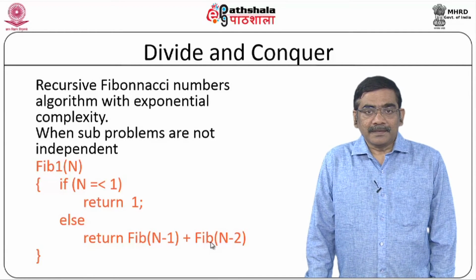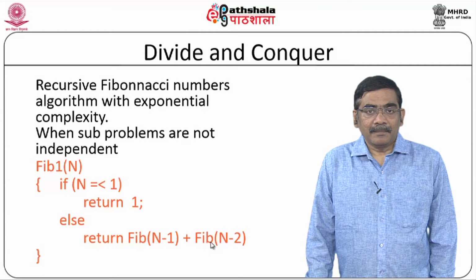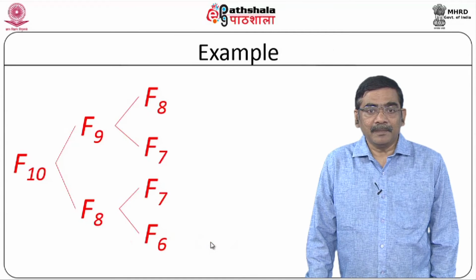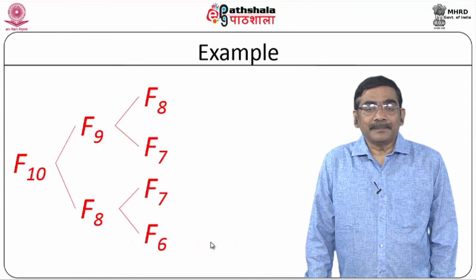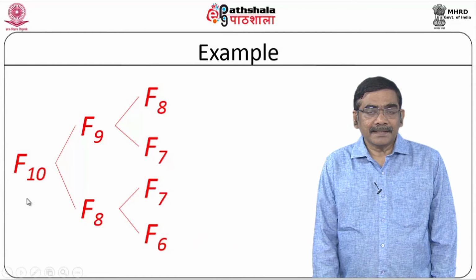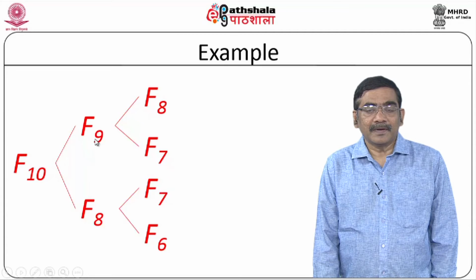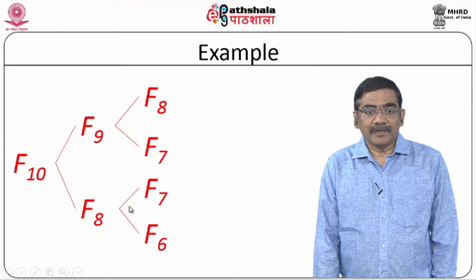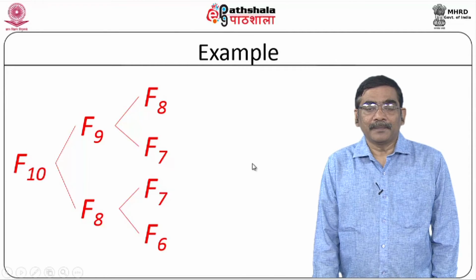This approach seems very simple, but in reality it has a fundamental problem, because for finding the Fibonacci of 10, which is the sum of Fibonacci of 9 and 8, and again Fibonacci of 8 is the Fibonacci of 7 and 6, it keeps on moving like that.